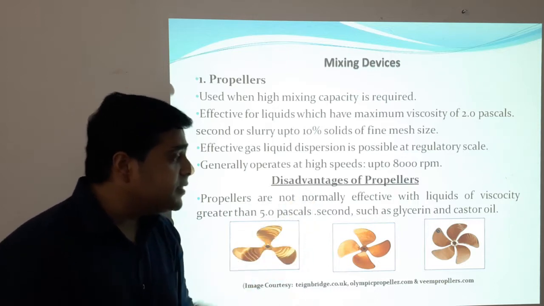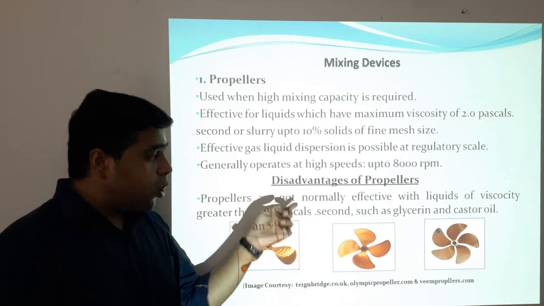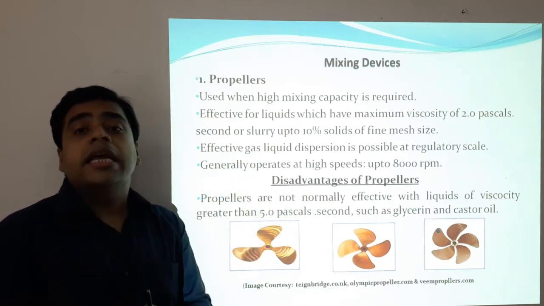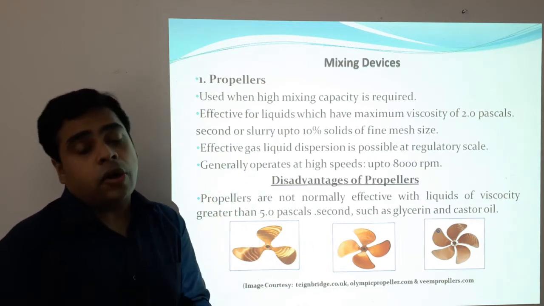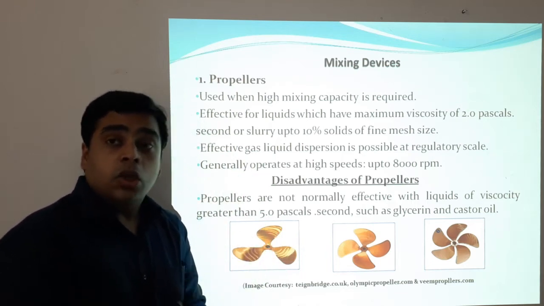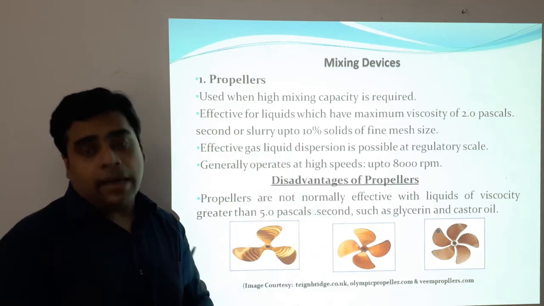The disadvantage is that it is normally not effective with liquids of viscosity greater than 5 pascal seconds, such as glycerin or castor oil. For mixing those viscous liquids, we will need a different type of impeller.